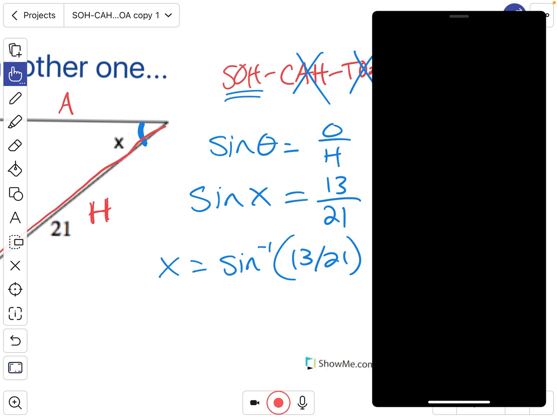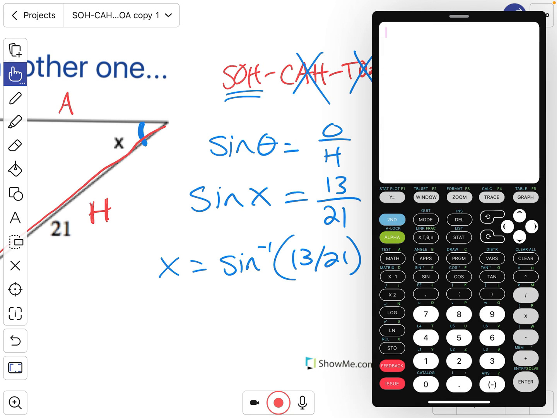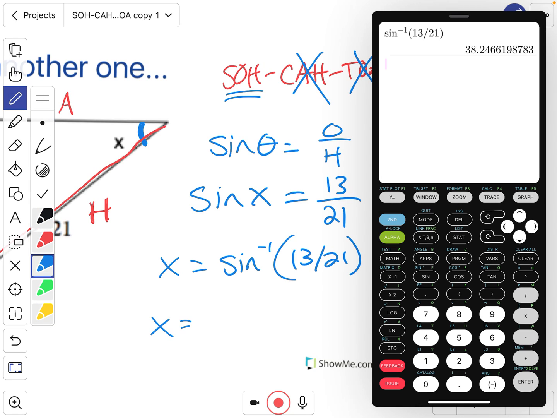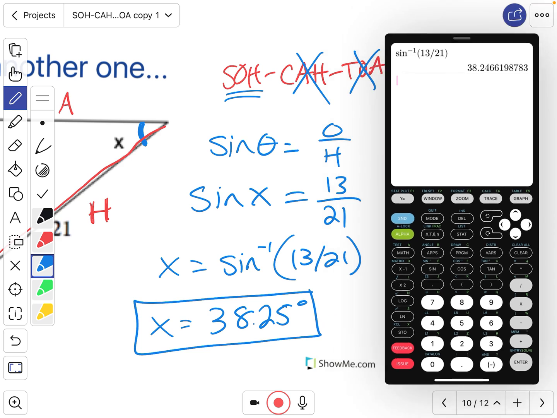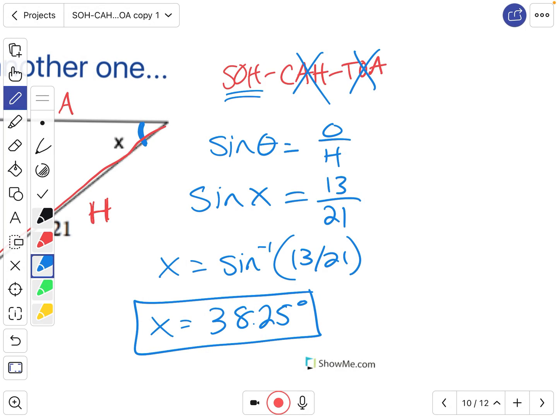Now on my calculator, I just need to type in sine inverse, which is second sine, and then enter that fraction in, and it should give me my answer. So second sine pops up that sine inverse, and then 13 divided by 21, closing that parenthesis, pressing enter. There we go. So my angle here was roughly 38.25 degrees, to 2 decimal places.